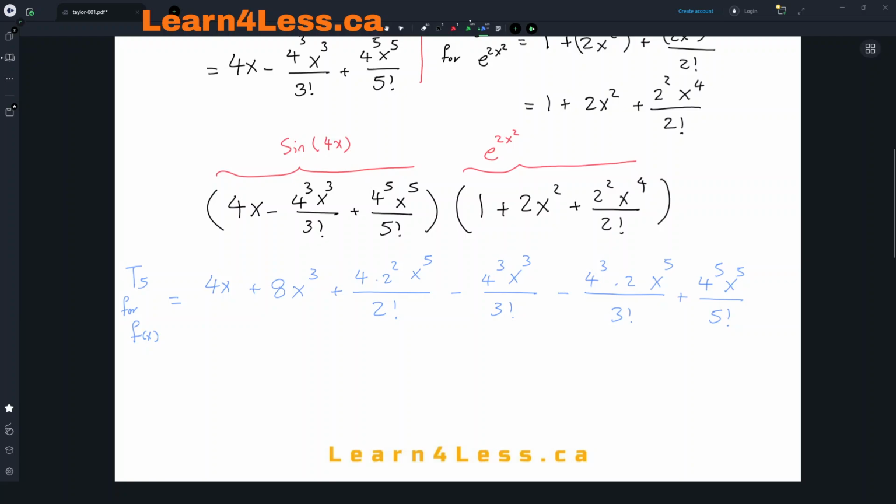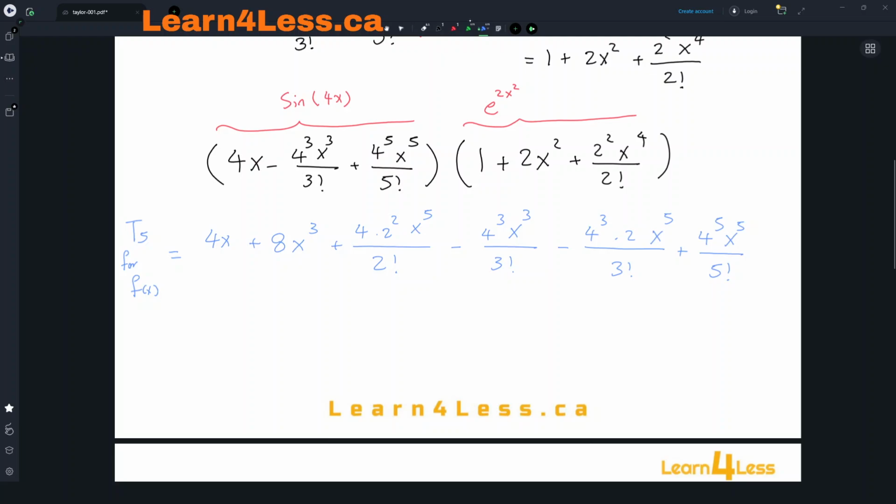If you want to make it a little better looking, it's better to have that in a factored form. How? Not factoring every term from the whole thing, just collecting the x to the power of 1 terms with each other, x to the power of 2 with each other, x to the power of 3 with each other. Here I have just 4x, there's only one term with x to the power of 1.